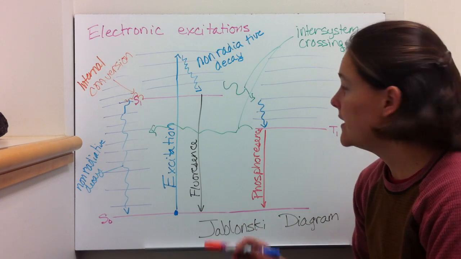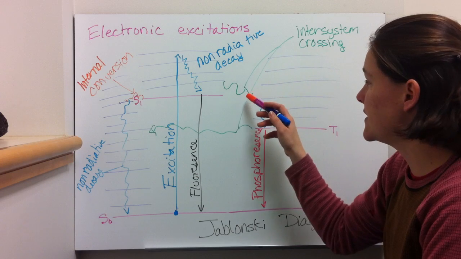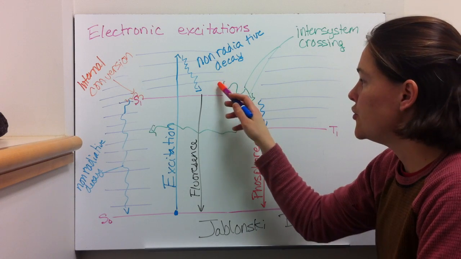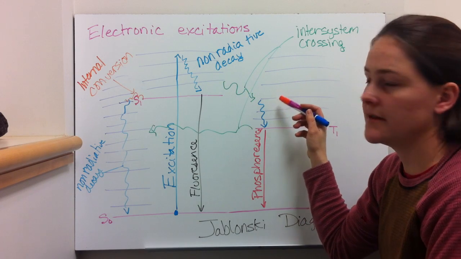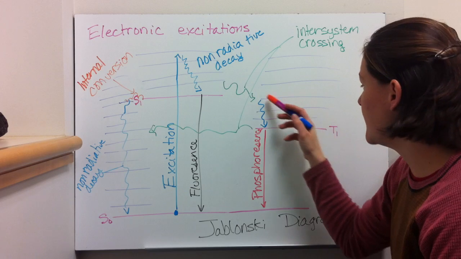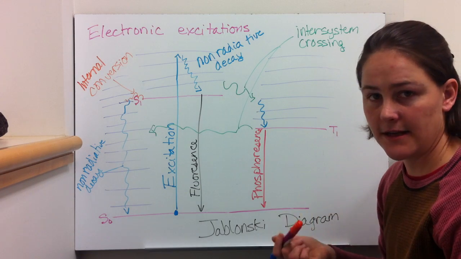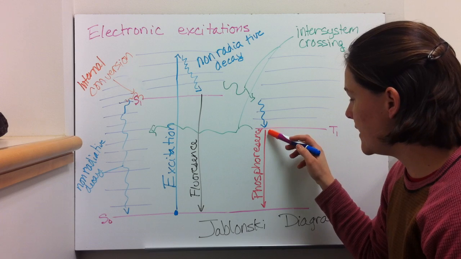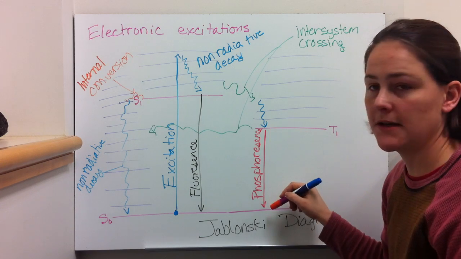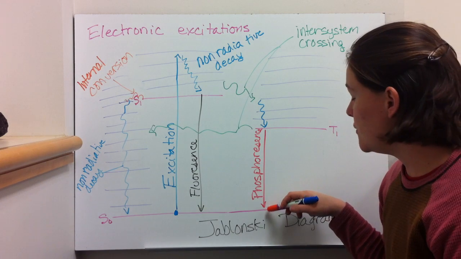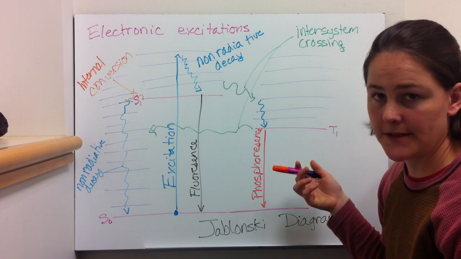A third option is that you can undergo intersystem crossing to an excited state triplet, and then non-radiative decay down to the ground state of the excited state triplet. And then if you have emission of a photon at that point, that's a phosphorescence event.